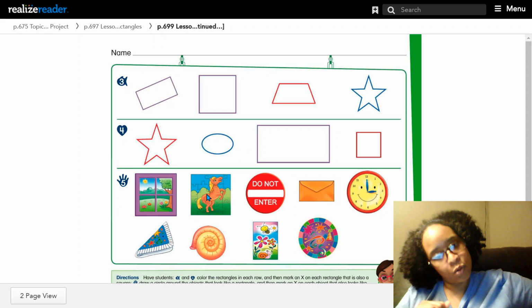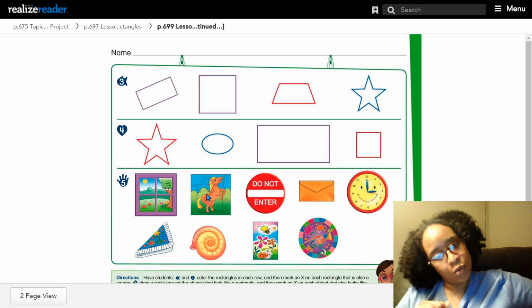Looking for 2 short sides, 2 long sides, 4 vertices or 4 angles. It's not this one. There are no vertices on that shape. It's not this one. This one only has 3 vertices. 1, 2, 3. It is this one. Your little pinky should be on this one right here. Good. Short side, long side, 4 vertices. Good. All right, let's go down to number 8 with the flag right here.